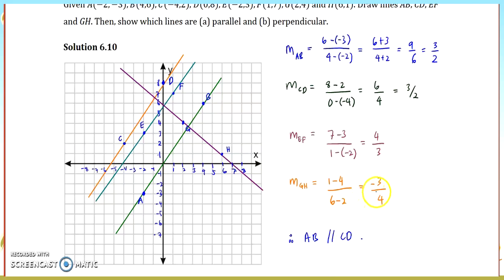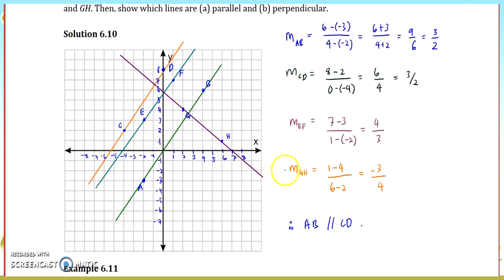How about the perpendicular? Let's check between lines GH and CD. If the product of the two slopes is equal to -1, then these two lines are perpendicular. So we have the slope of CD multiplied by the gradient of line GH.